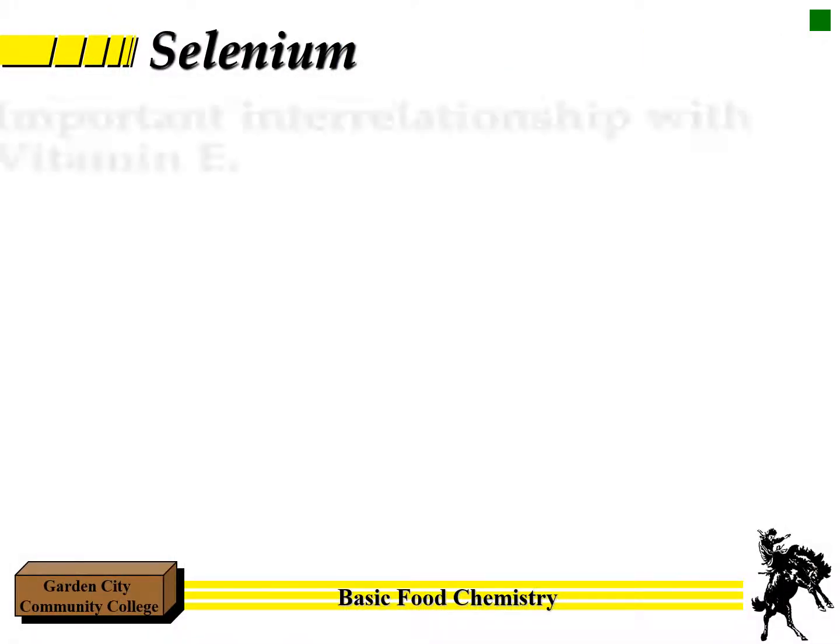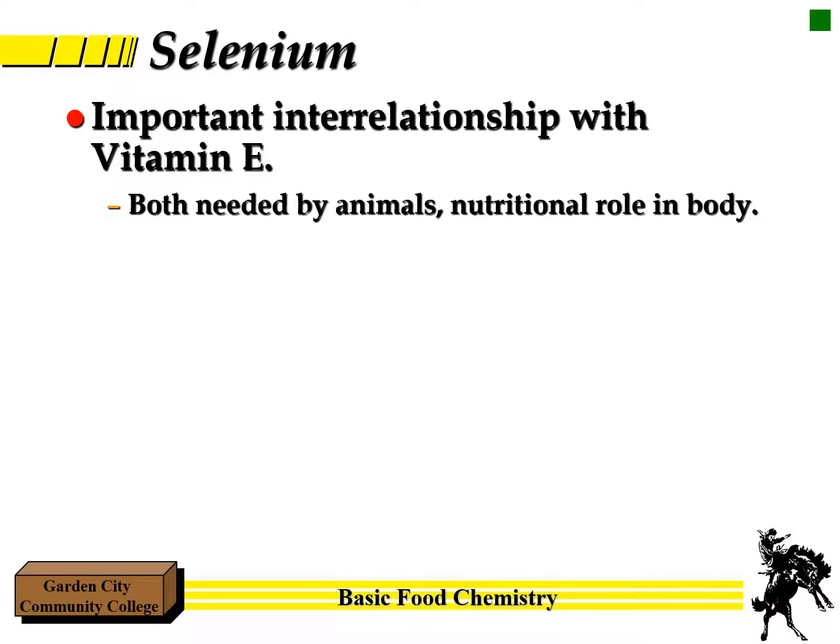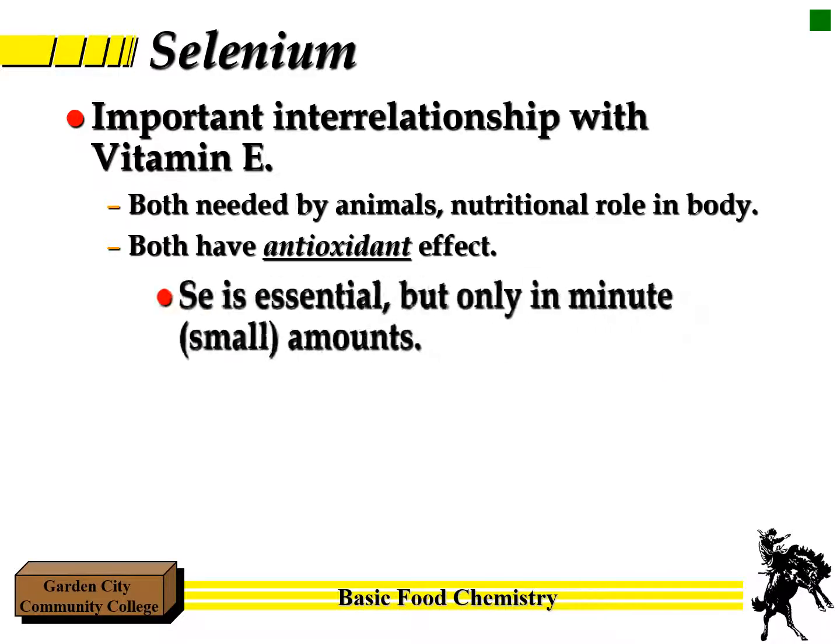Next, let's talk about selenium. Selenium has a very important relationship with vitamin E, and when we get to the vitamins, we'll talk about vitamin E, that fat-soluble vitamin. Their function is really as an antioxidant, so not only needed by animals and humans, but it plays not only an antioxidant role, but a nutritional role too. I think the biggest component is they are antioxidants.